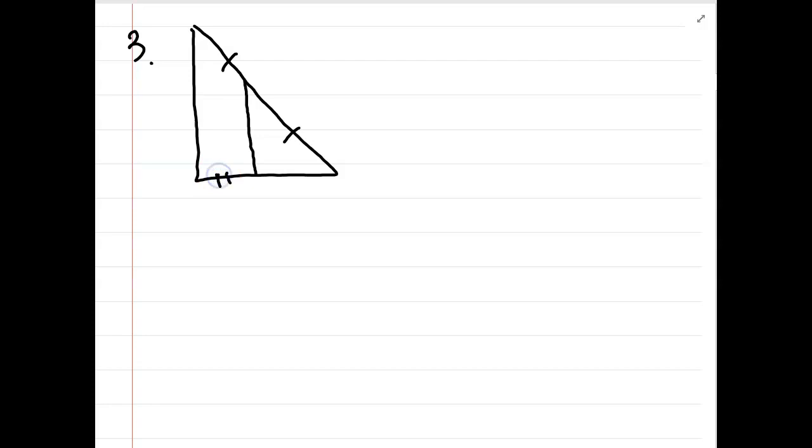And then these 2 segments are congruent. And then this right here is 5x. And then that long side there is going to be 80. Okay, so what do I know here?